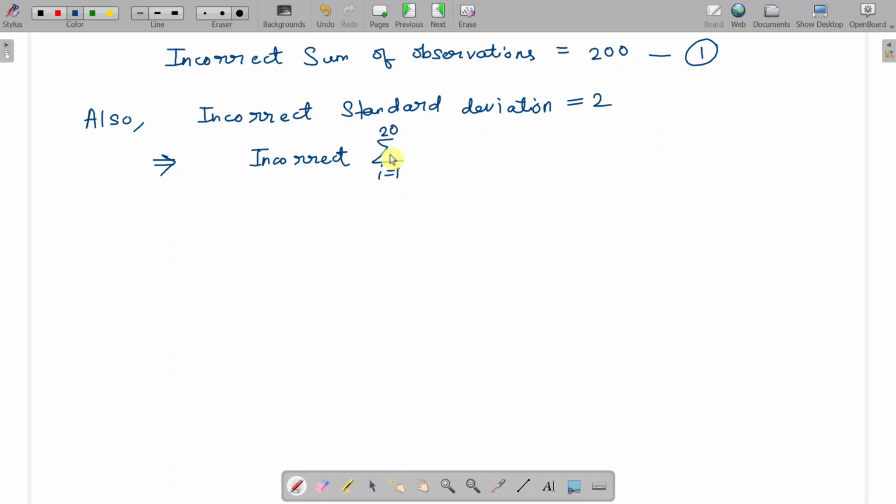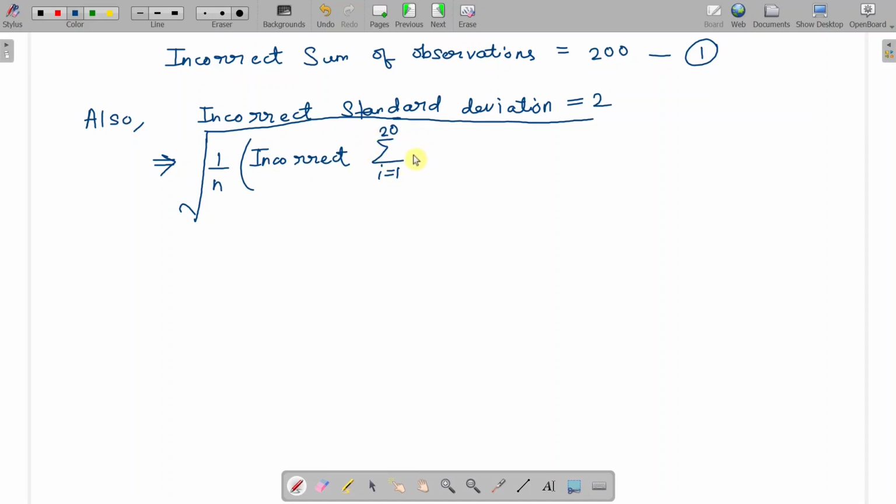So, we will now use the formula of standard deviation, which is not the standard formula, there is another formula. So, the formula is root of 1 by n, n is nothing but the 20 number.